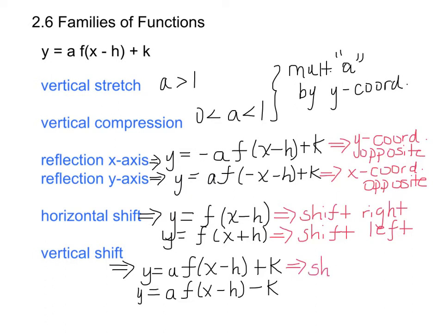And it's not opposite. So if it's plus, you're going to shift up. And if it's minus, you're going to shift your graph down. So the only one that shifts opposite is the horizontal. So just remember, that's only because in the original function equation, h is already minus.